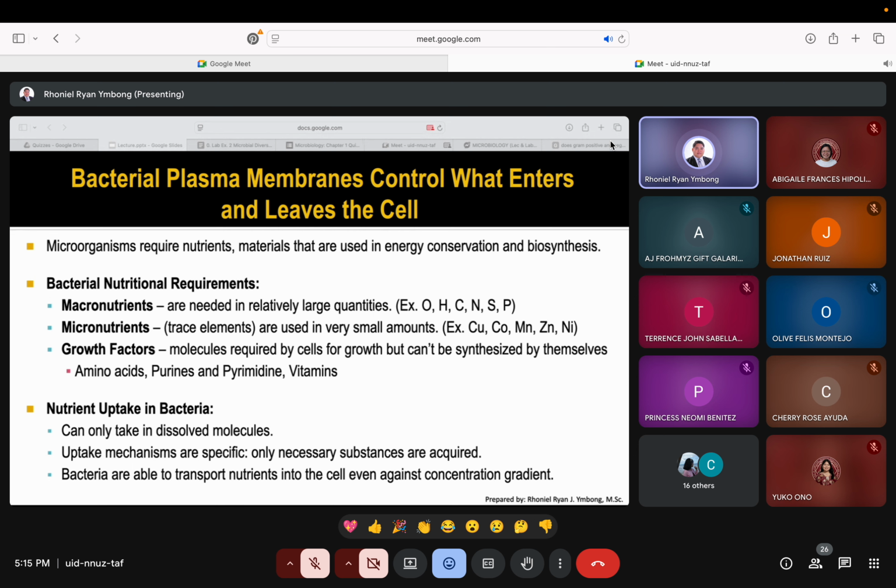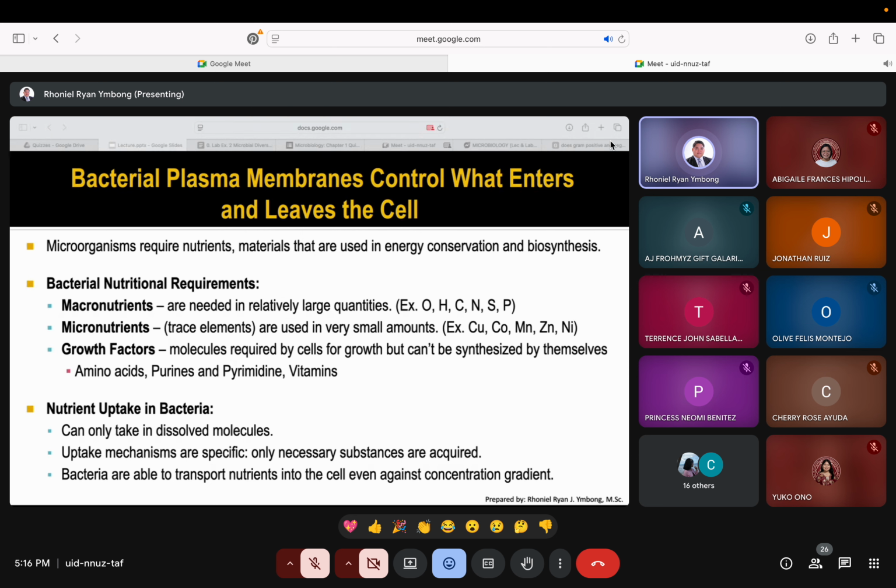But some kind of microorganisms or bacteria, no, are able to synthesize organic molecules that they need from these macronutrients and micronutrients or mga elements. No? However, some microbes are unable to synthesize certain molecules needed for their survival and maintenance.